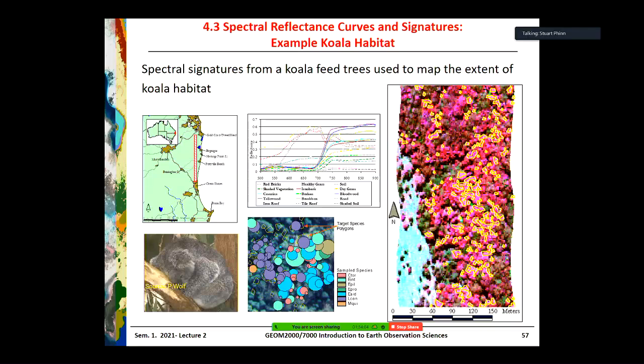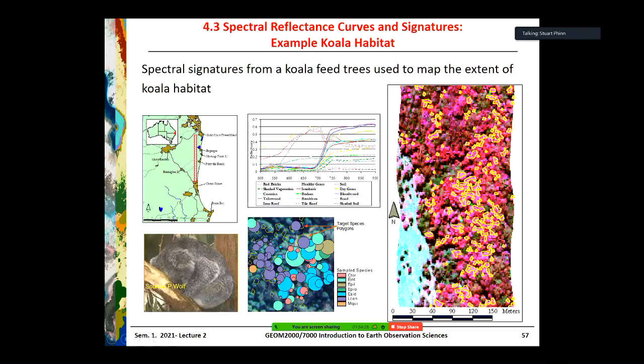If we got the spectral signatures of those, and we got airborne imagery with, in this case, I think sub 20 centimetre pixels, could you map individual tree canopies and then find all the trees that correspond to the koala feed trees? So it was like, okay, let's give it a go.